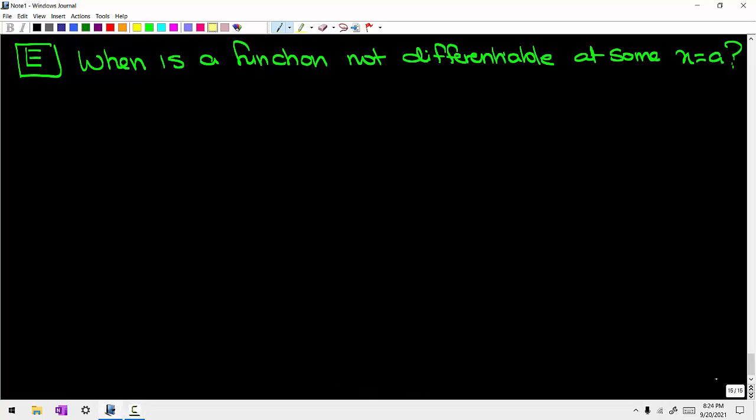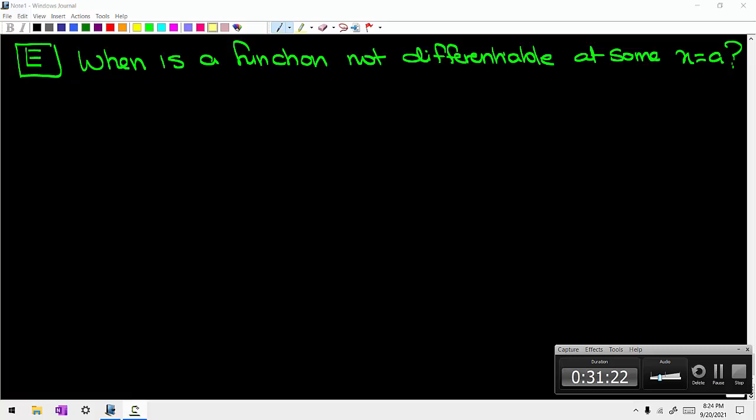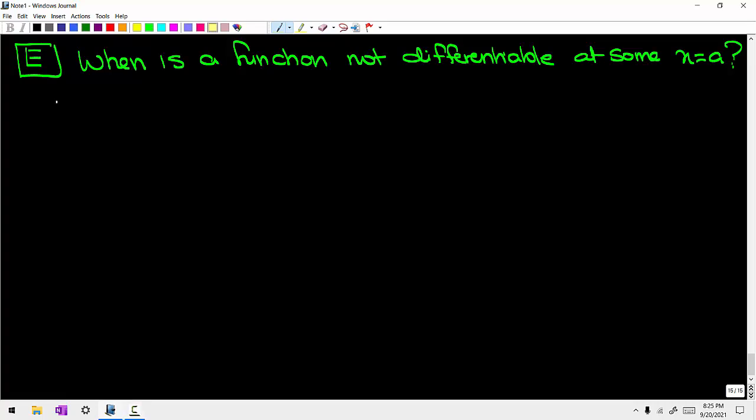So now we're going to talk about when a function is not differentiable at some point. There are four ways a function won't be differentiable. The first way that could happen is when you have something like this.